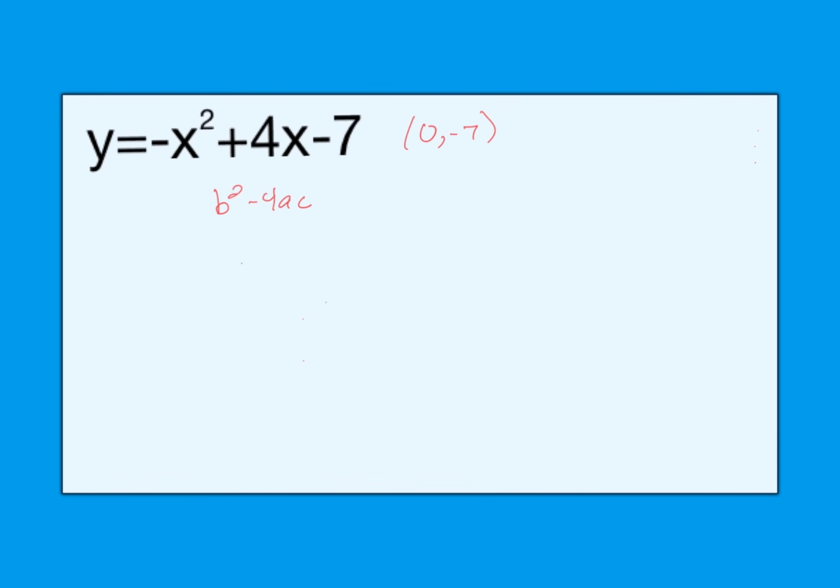When we do that, we're going to get 4 squared minus 4 times a times c. 3 negatives make a negative. 16 minus 28, that's going to be negative. No x-intercepts. And by the way, the parabola is going to point down because we have a negative x squared.